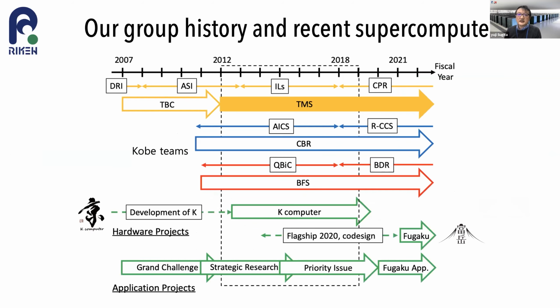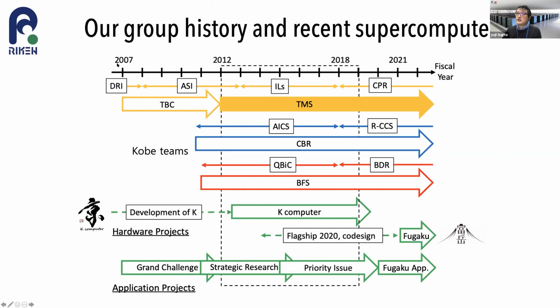And this busy slide describes our own research group history and also supercomputer development from 2007 to now. It was probably very lucky for me and for the members to participate in such supercomputer development in Japan.